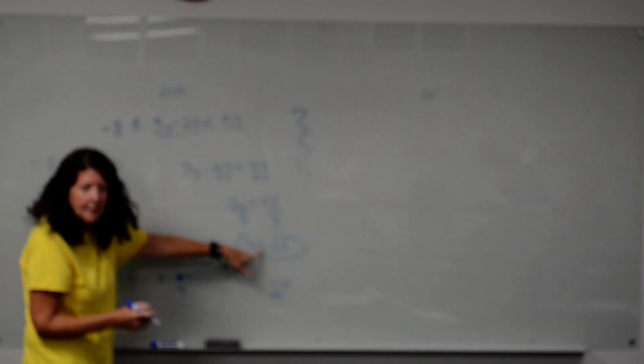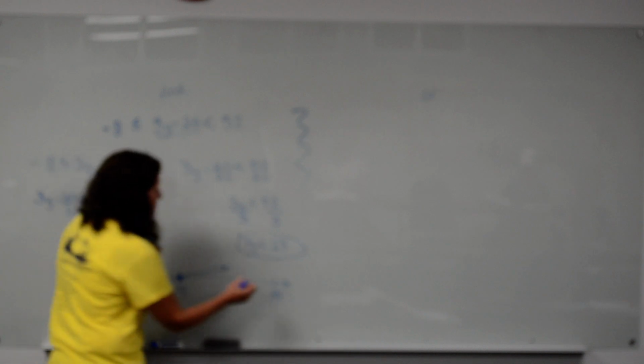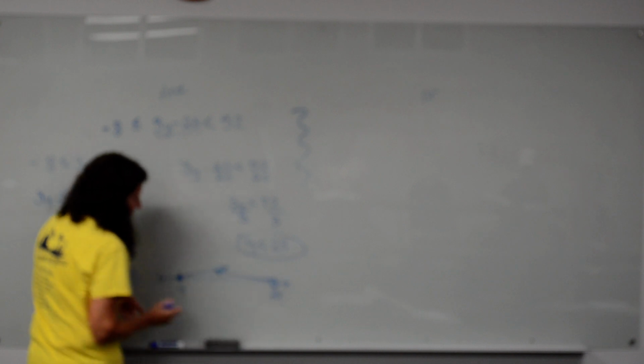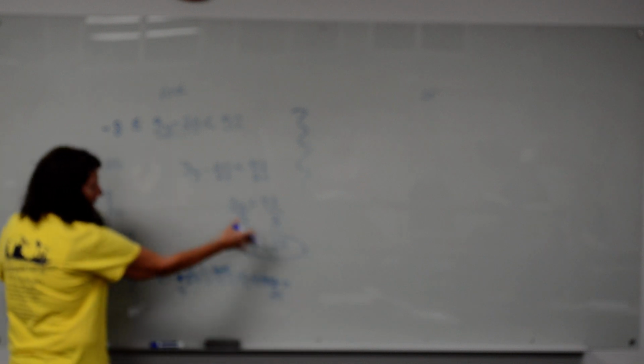This doesn't have a line underneath it, so what do I do right there? Open circle. And it's shaded in this direction. So what I'm looking for is all of that. It wants the numbers that these two have in common.